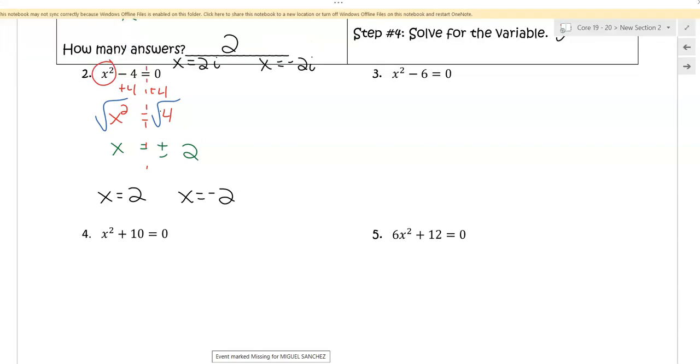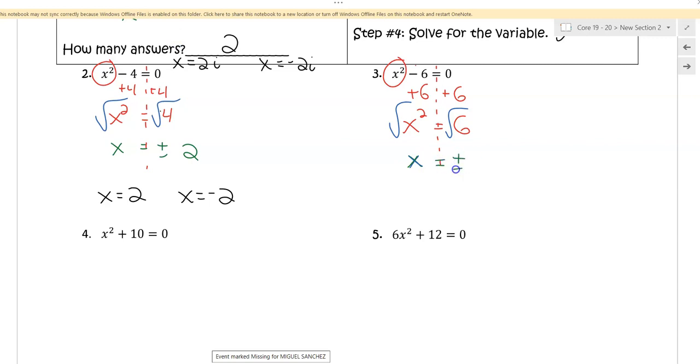Looking at number 3, here's what's being squared. Draw that line down my equal sign. Add 6. x squared equals 6. Take the square root of both sides. Simplify, the square root of x squared is x.